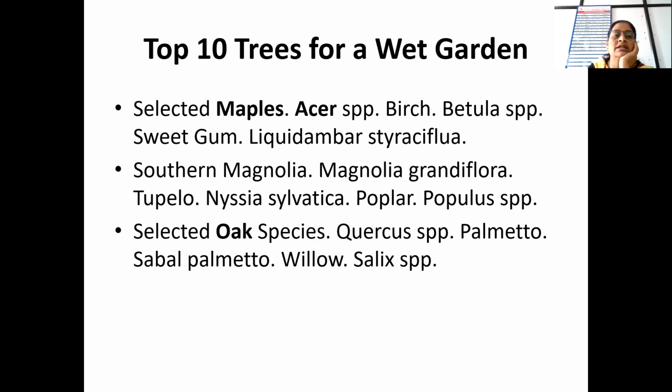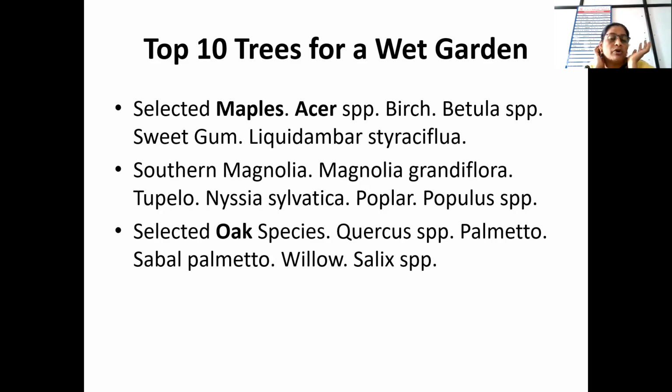You can decide the top 10 trees which we can use for the wet garden. These are the maples, birch, Betula species, sweet gum, Liquidambar, Styrax, and so on.